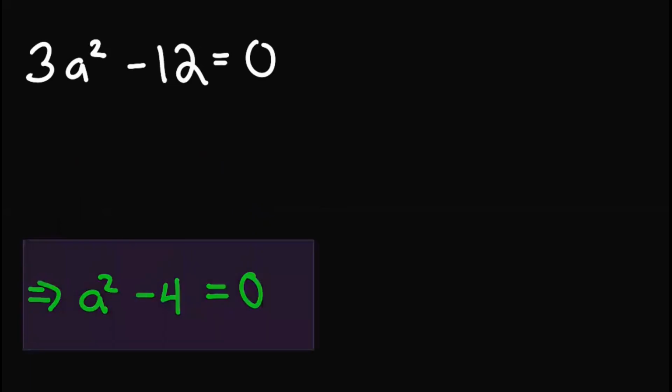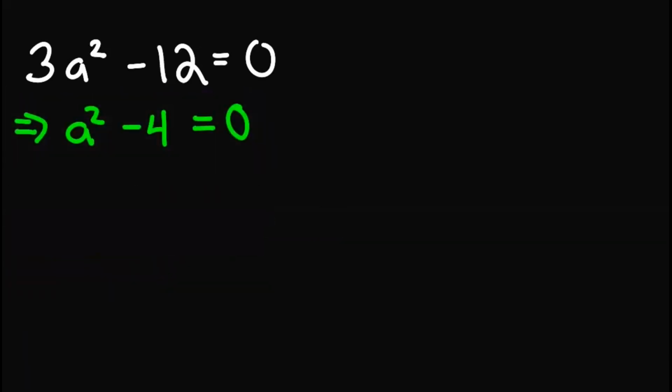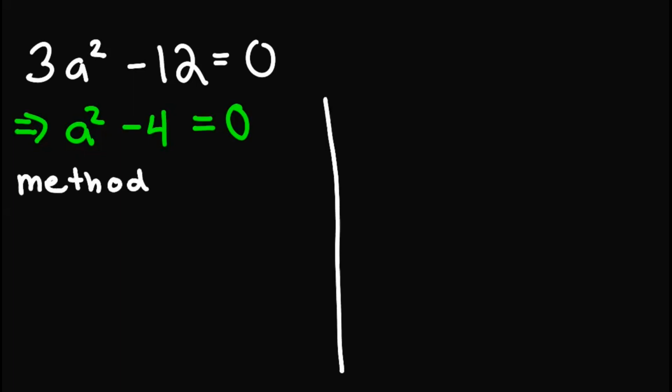And let's focus on this one. We actually have two ways to solve this. So let's go with our method 1. With method 1, we can simply factor this one out.